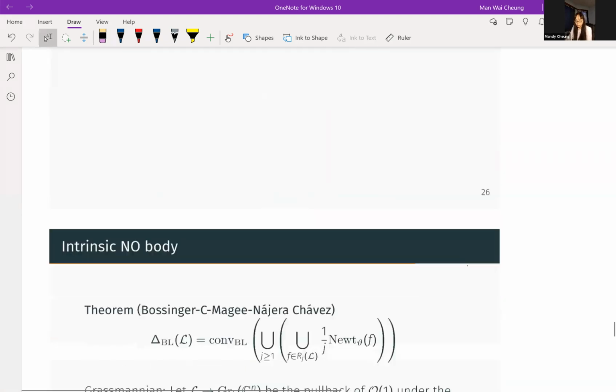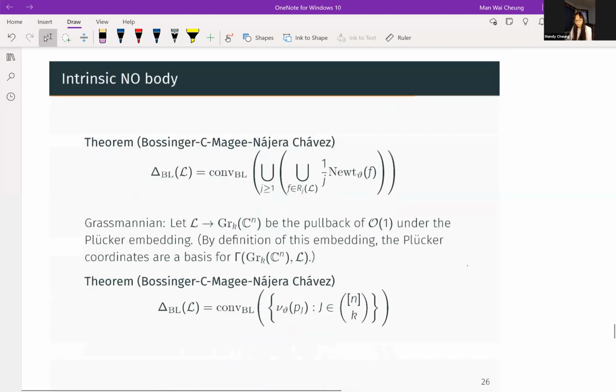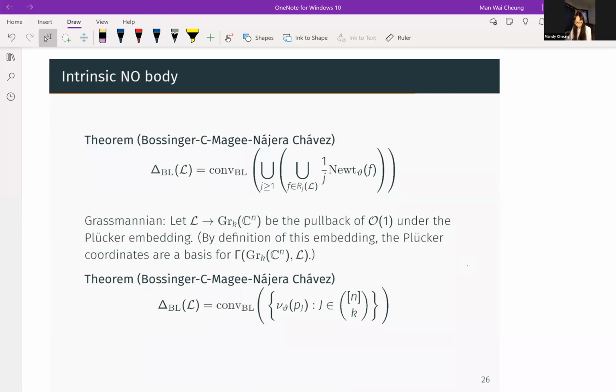As a consequence, we can in particular choose the valuation given by the Plücker embedding, and then we can look at how we evaluate the Plücker to our lattice, and there we look at our Bokenite convex hull, and our Newton-Okounkov body can be expressed in this way.